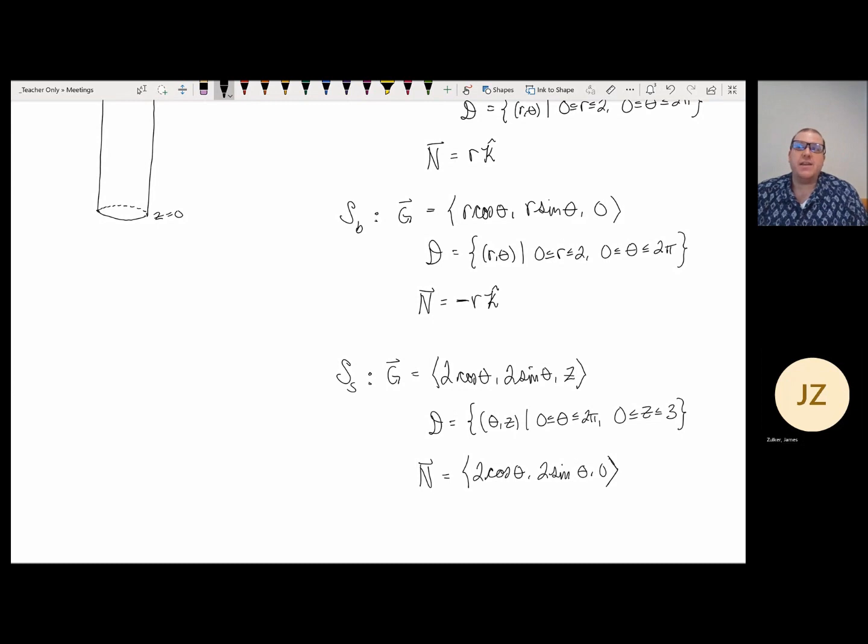Right? You shouldn't have any pointing in the z direction because you're on the side and it's pointing away.